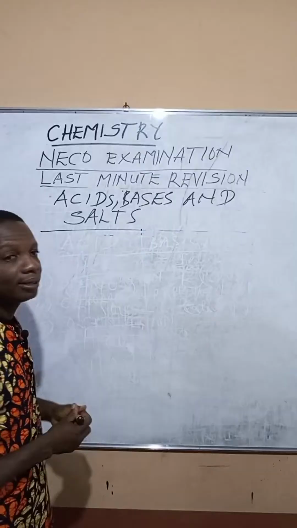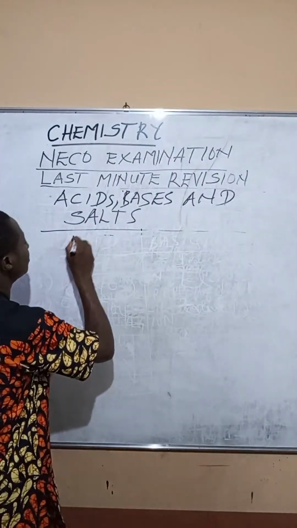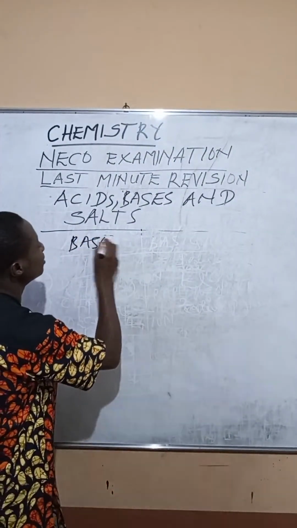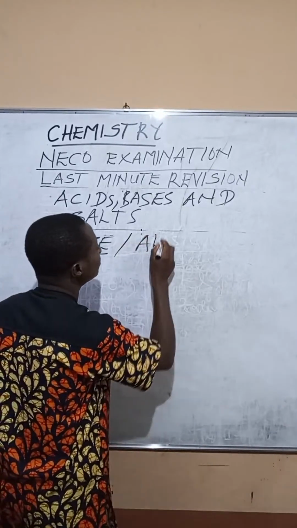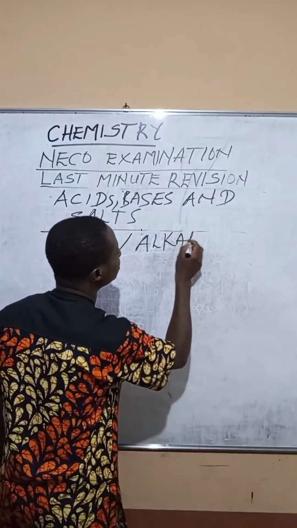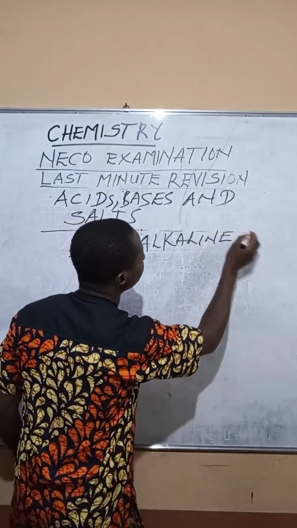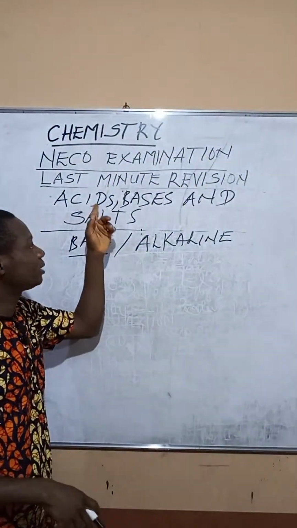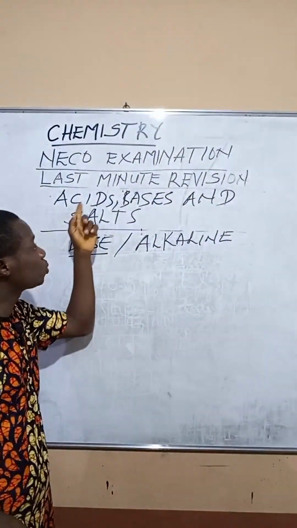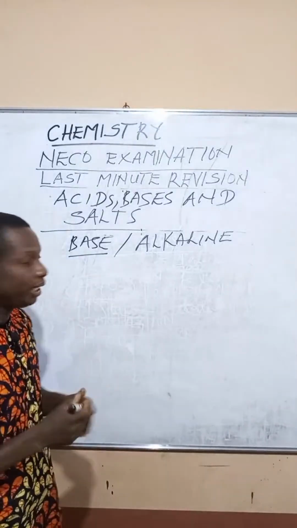Then bases. What is a base, and what is the difference between a base and an alkali? You need to understand this, it is very important. A base is a substance that will react with an acid to produce salt and water only.